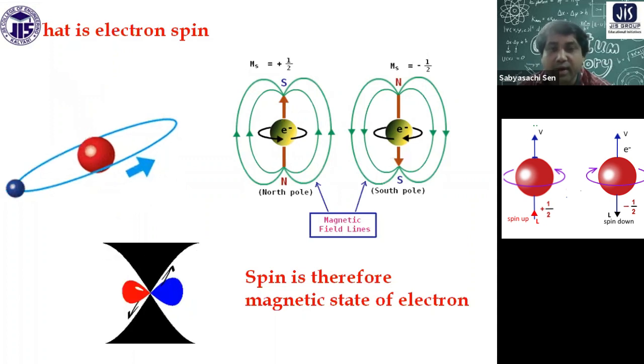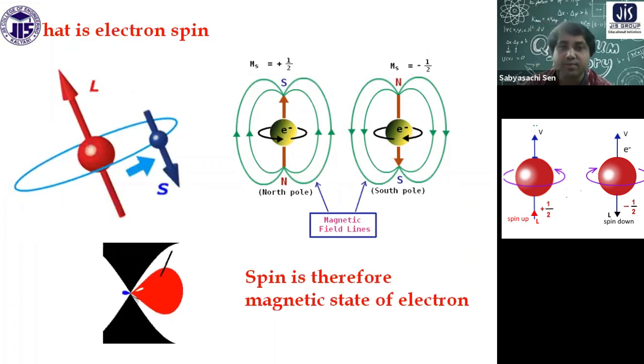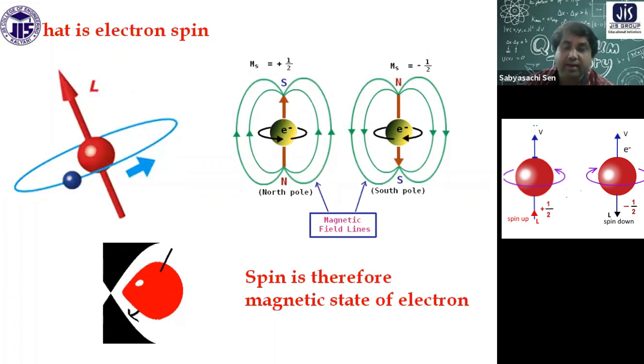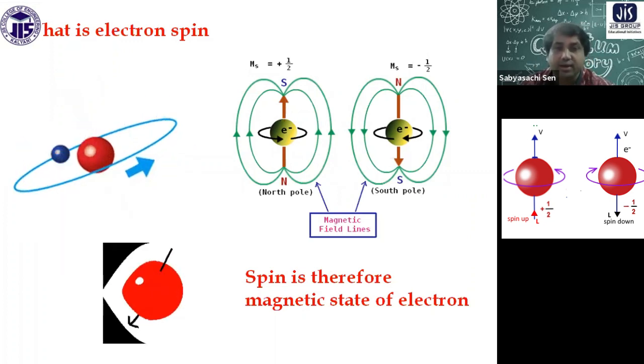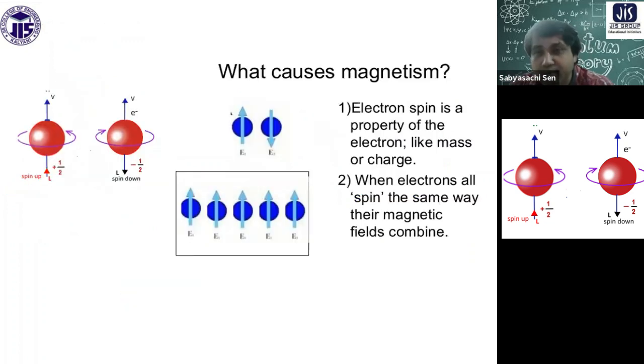The electron can have only one charge state, being a negatively charged particle, but it can have two spin states, two magnetic states: either the up spin state, with magnetic moment plus half h cut, or the down spin state, with magnetic moment minus half h cut. So spin of the electron is an intrinsic, magnetic property of the electron.